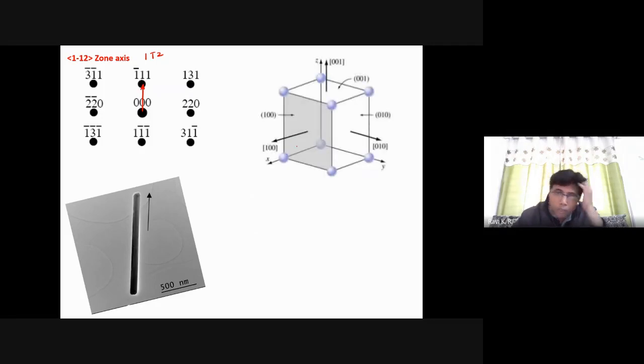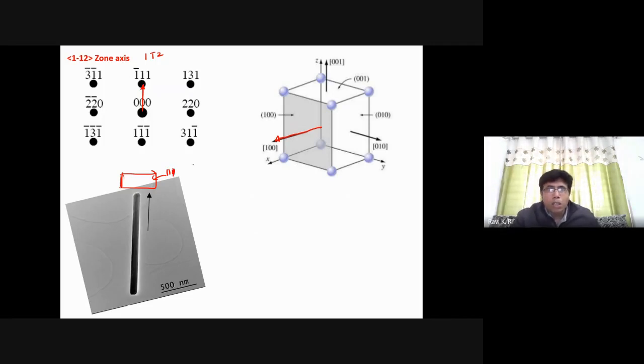Now look carefully, this is your 100 plane, this is your 100 direction. Okay. Now what is happening is I have a plane from the origin. I am going from the transmitted beam. I am going there. This is my 100 plane. This is my 100 direction. Same way, now in front of me I have a 111 plane.